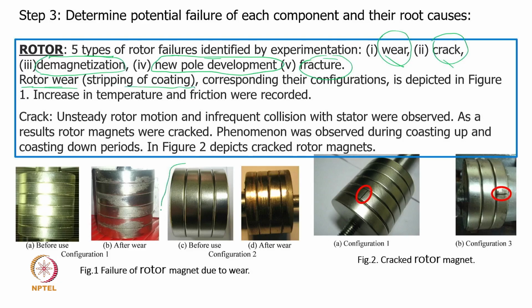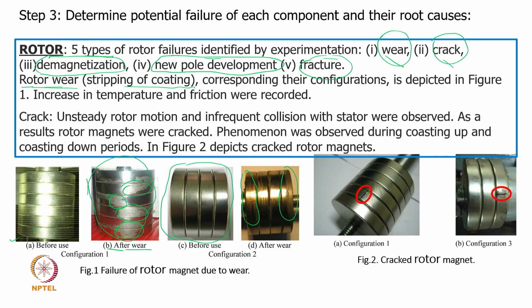Whenever we purchase a permanent magnet, there is some coating on the top surface, and in operating condition we find scraping of the coating itself. You can see that before use the permanent magnet is shining, and after use, because of the wear, we see major patches of wear or a worn out surface. The same thing happens in configuration 2, where you can see the wear of the surface. So, even permanent magnets, if not well designed, will cause rotor wear.